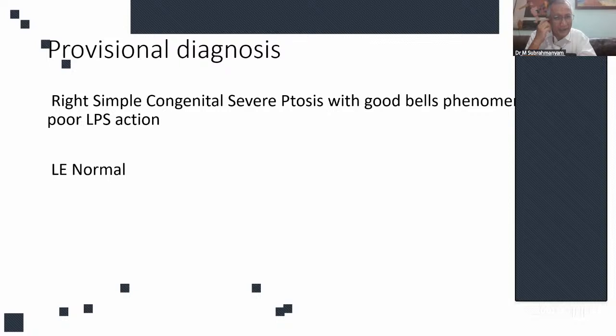So what are the various methods of doing the brow suspension? Do you want to do unilateral brow suspension or bilateral brow suspension? In this case, I want to do unilateral brow suspension, sir. Why not bilateral brow suspension?